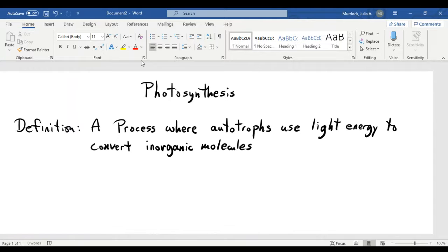To convert inorganic molecules into food molecules, which are organic. That's a good, complete definition of photosynthesis, right? We're not turning light into food. We're using light energy to convert inorganic molecules into more valuable food molecules.